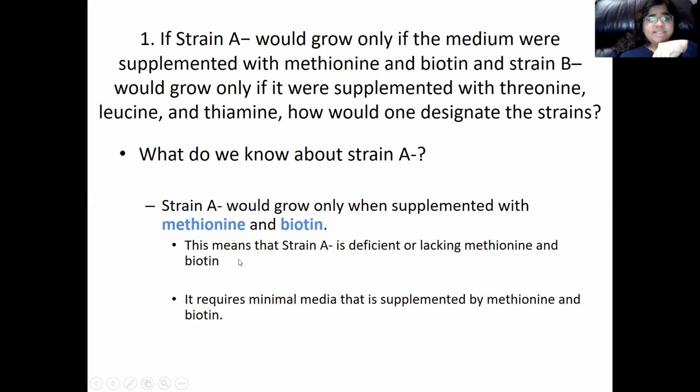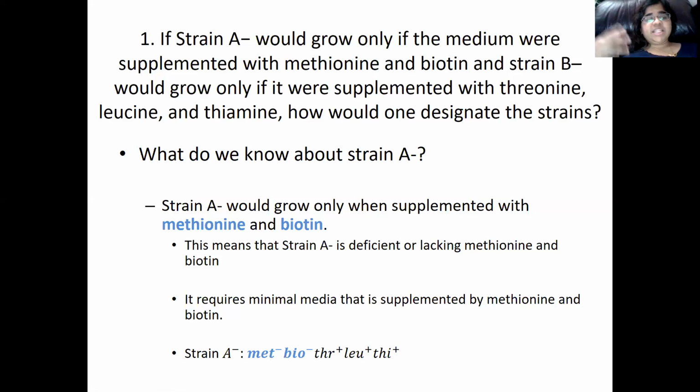So this tells us that strain A is deficient or lacking methionine and biotin, and it requires a minimal media supplemented with methionine and biotin. This gives us the designation for strain A: met negative, bio negative, and everything else positive, because it is lacking methionine and biotin. That's why we keep them negative in this case.